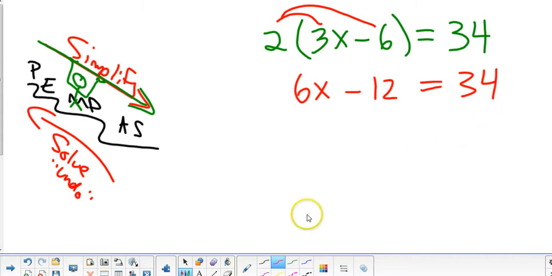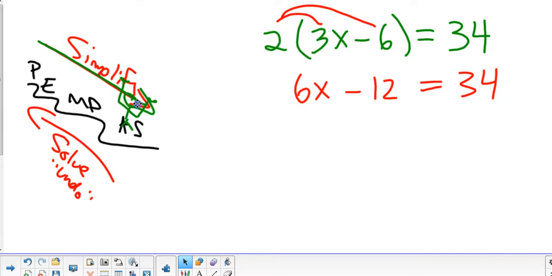And now if we take a look at our guy, there's no adding and subtracting to do because I can't do 6x minus 12. So now I'm down here at the bottom and I'm ready to undo. So undo the minus 12 by plus 12.